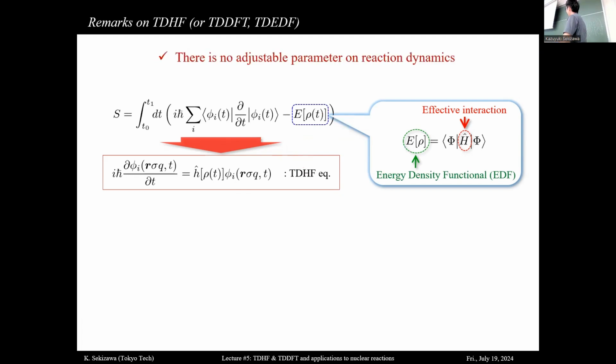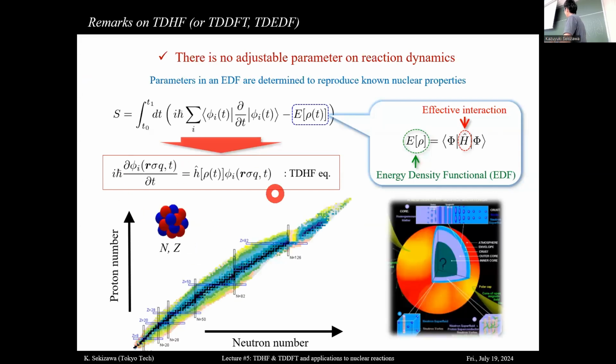And okay, we do not adjust parameters to specific reactions. So we just use an energy density function that can describe all the properties of finite nuclei and nuclear matter. So it is very powerful. And as you saw in this lecture, it works pretty well to describe various reactions at low energies.